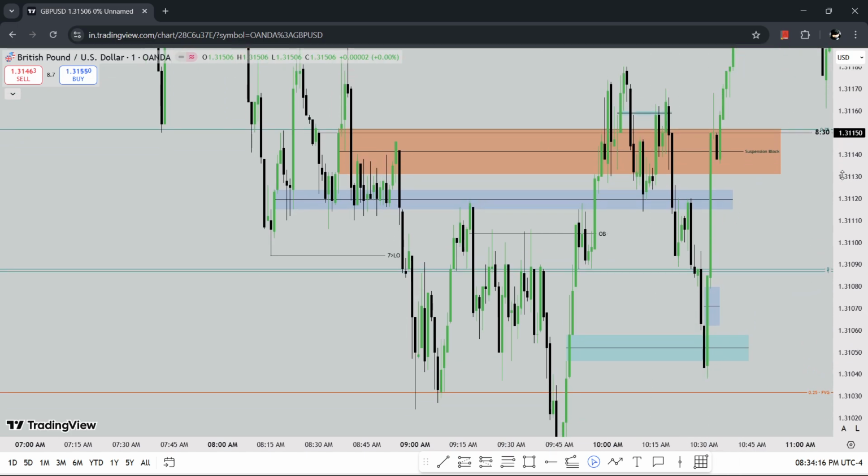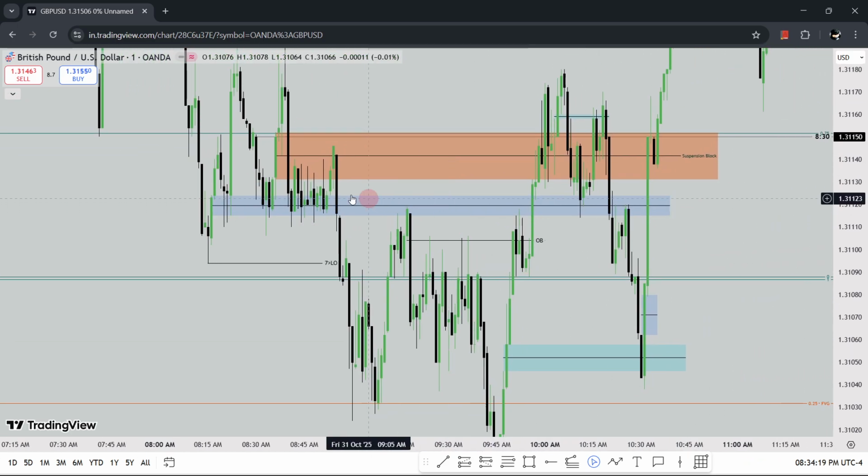Okay, and there is one particular fair value gap that I have been watching. This particular fair value gap. You can see all the price action here inside of this. So picking something like this is really, really important. Like picking that kind of fair value gap, choosing the right zone, the market right to trade every time.